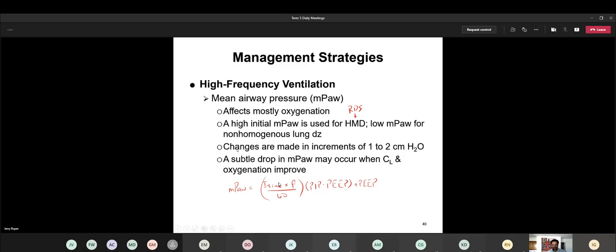But again, with this machine, it's all about setting the mean airway pressure directly. That's a major advantage over other machines, because with regular ventilators, you can't set the mean airway pressure. You have to set everything else and then see what you end up with as far as mean paw. But with this machine, you directly set mean paw.